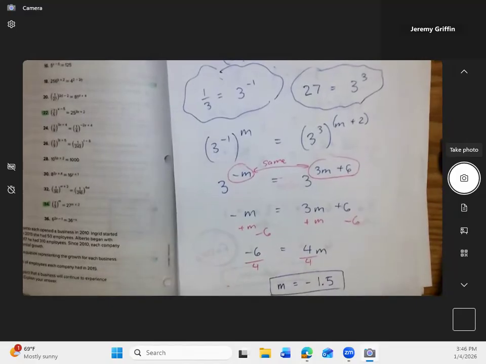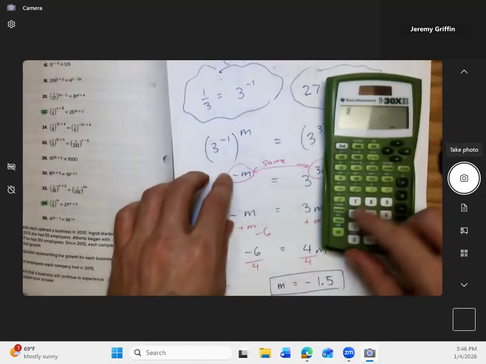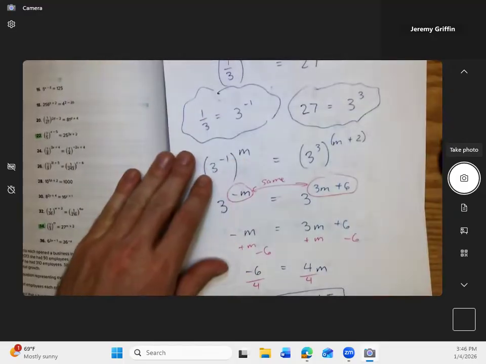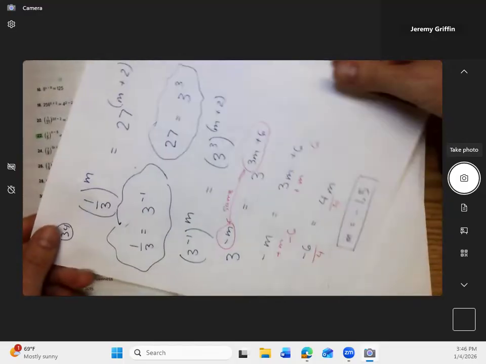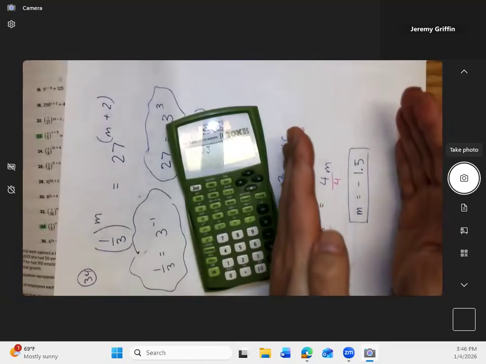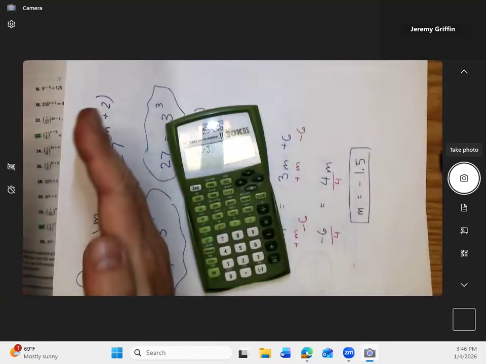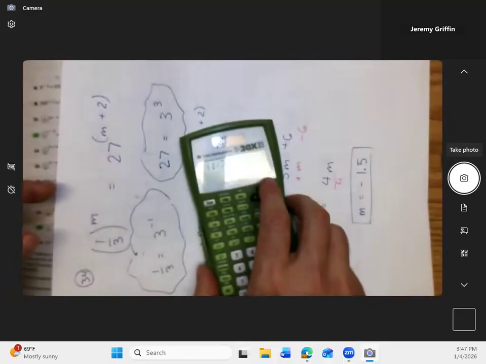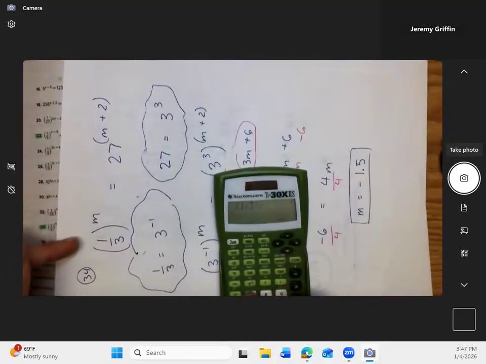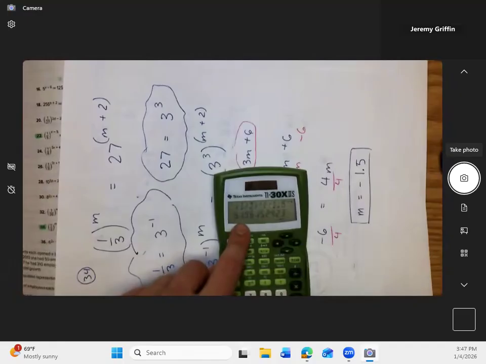I'm going to check my work on this with a calculator. I'm going back to the original statement and plugging this answer back into the m's, to see whether the left side matches the right side. So I do 1/3 to the power of negative 1.5, and I get 5.196, something, something, something.